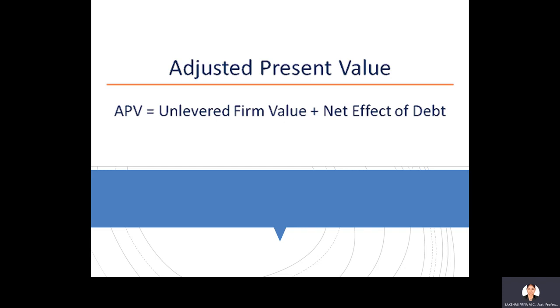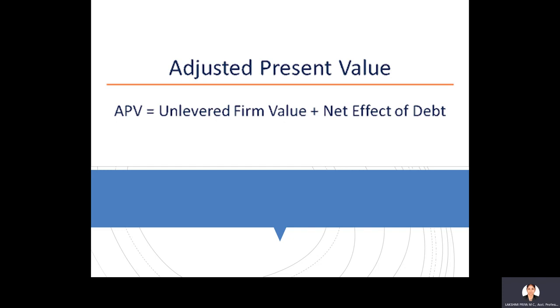Because the enterprise DCF model uses a constant growth rate or a constant discount rate to value the enterprise cash flows, which makes sense when the capital structure of the firm remains more or less constant over time.